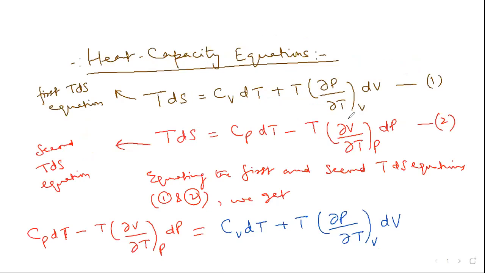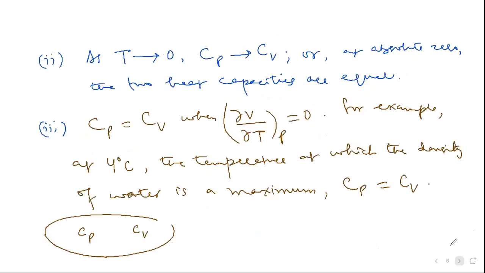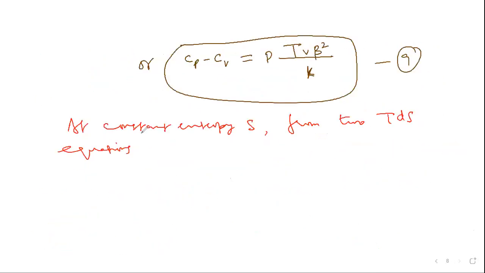These are our 2 TDS equations, right? So at constant entropy, these left hand sides become 0. So we can write, at constant entropy S, from 2 TDS equations, that is equations 1 and 2, we obtain this.